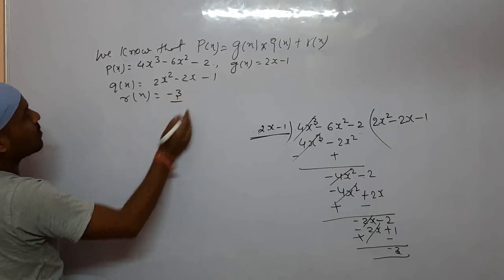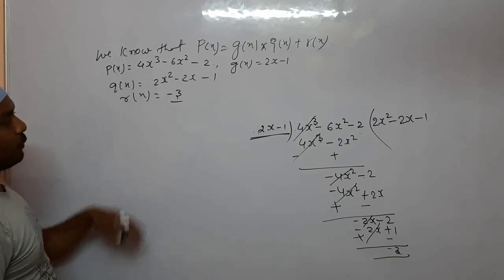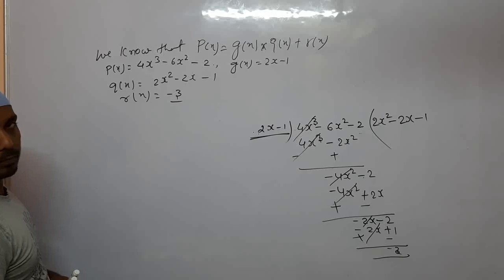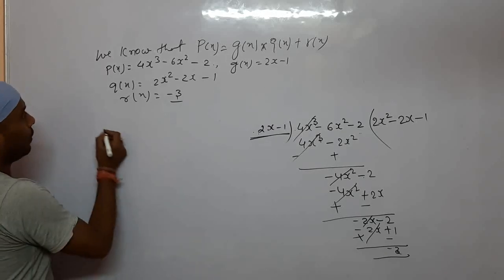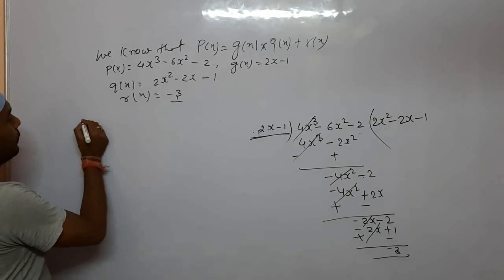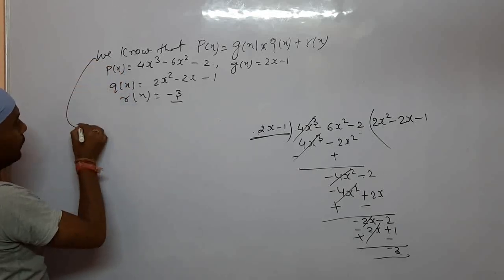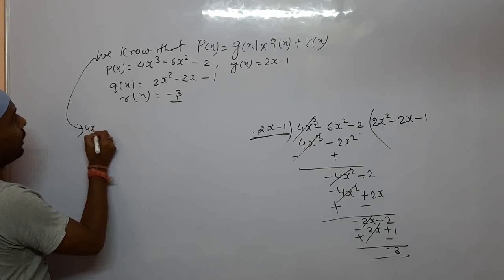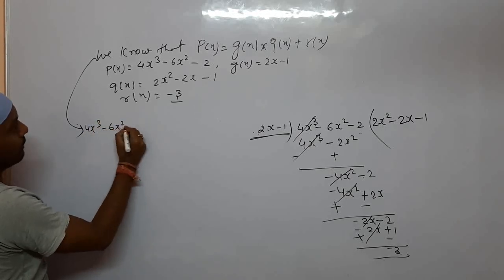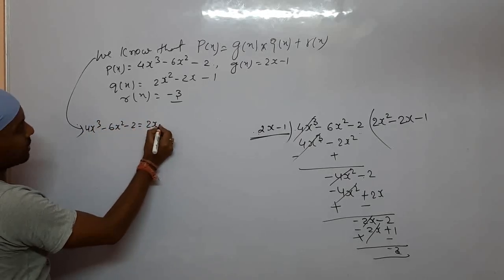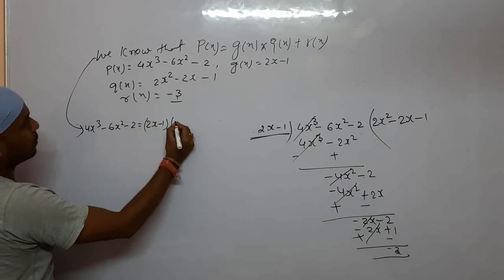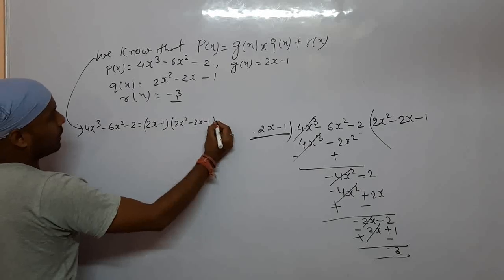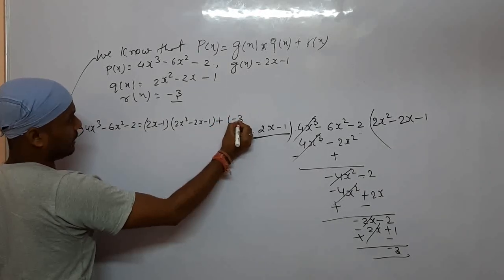minus 3. Okay, now we have to verify this division by our division algorithm. So for that, just substitute the values. 4x cube minus 6x square minus 2 equals Gx, 2x minus 1, into 2x square minus 2x minus 1, plus minus 3 remainder.